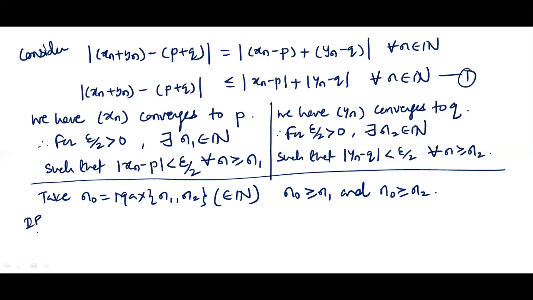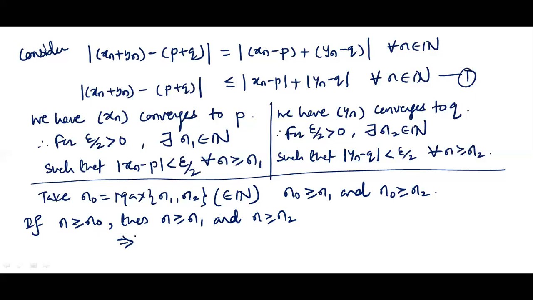If n is greater or equal n naught, then n is also greater or equal n1 and n2. This is because of the law of trichotomy. Means n is greater or equal n naught is greater or equal n1, so n is greater or equal n1. Similarly, n is greater or equal n naught is greater or equal n2, so n is greater or equal n2.